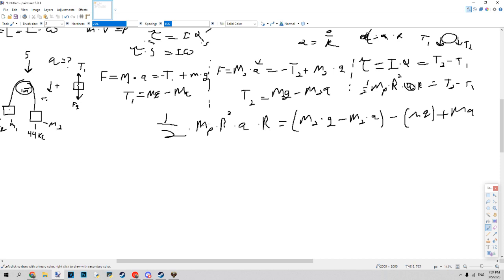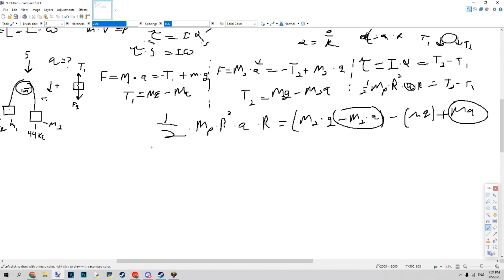So yeah, now we're trying to find acceleration, remember? So we want to isolate our variable. How do we do that? We add this to both sides, so we get this acceleration here, and we subtract this from both sides, so we get that acceleration over there.